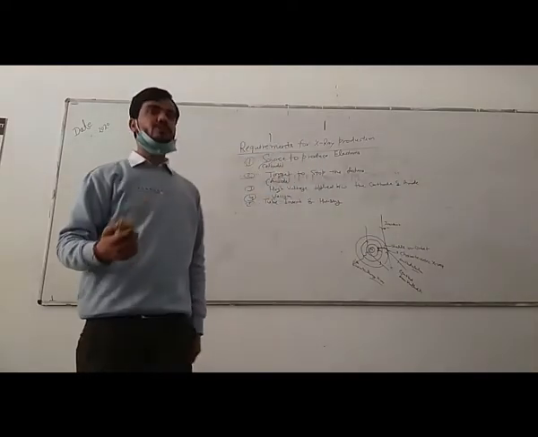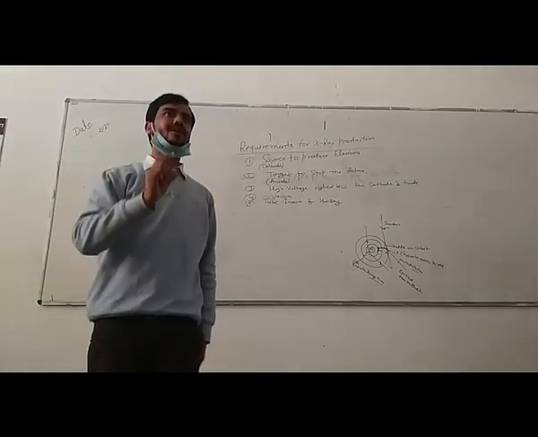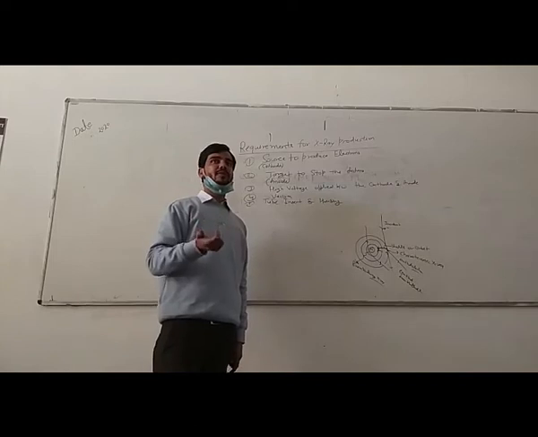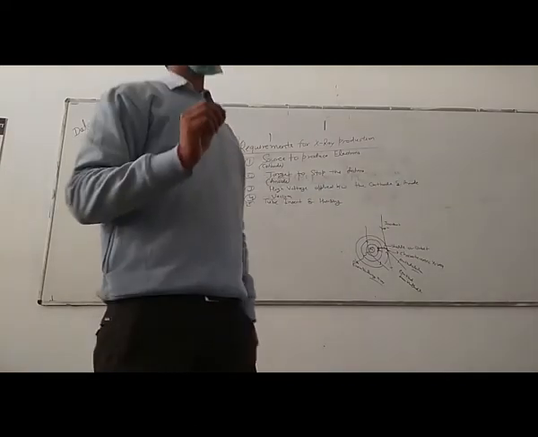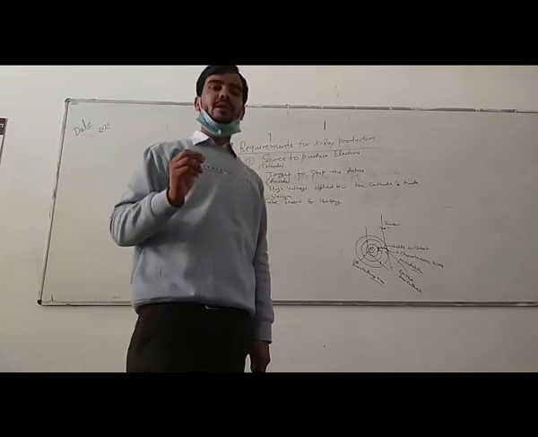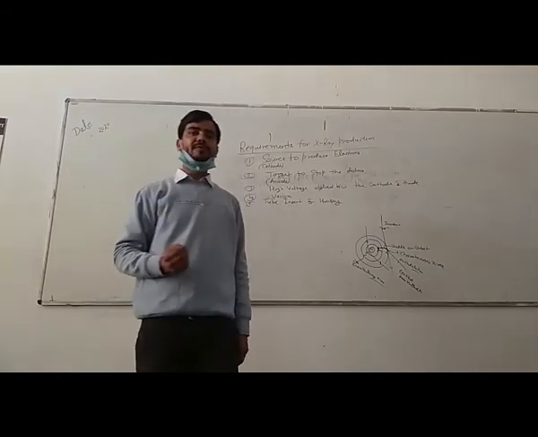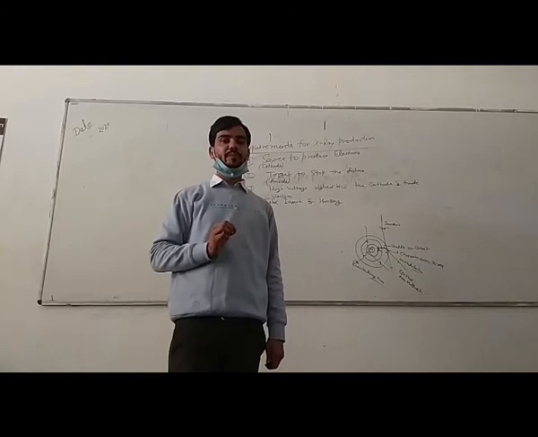X-rays are produced from the target or anode when electrons interact with the target material. In the gas tube, the target material or anode is made up of aluminum.